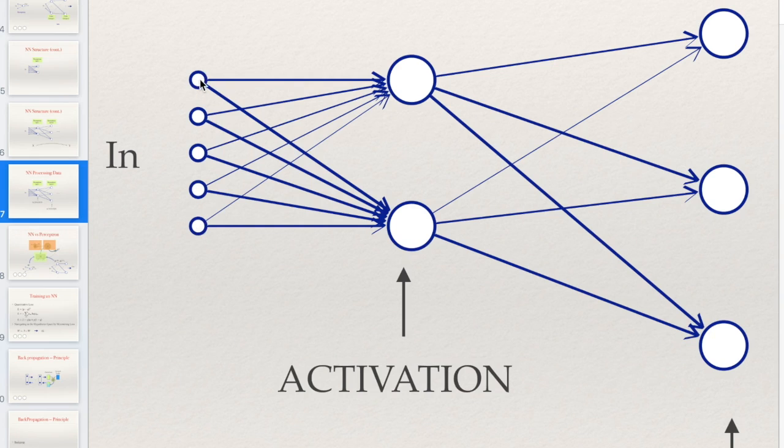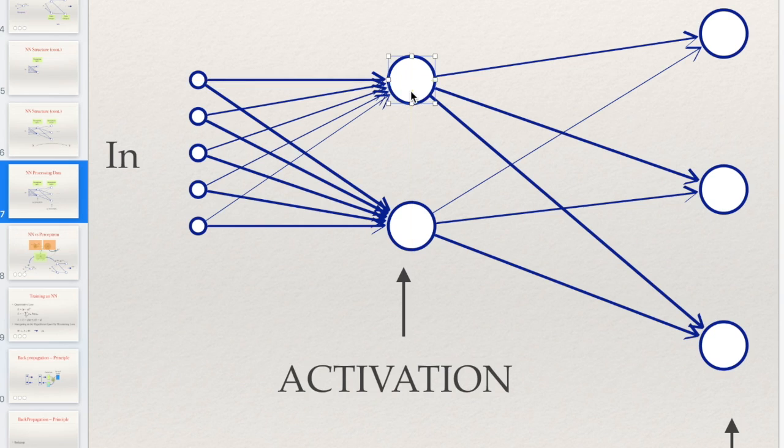For each attribute, it is combined with the weight linking this input to each of the neurons in the next layer. This is not surprising, as we discussed. The combination means to multiply the value of this input with the weight on this link between the input and the neuron.